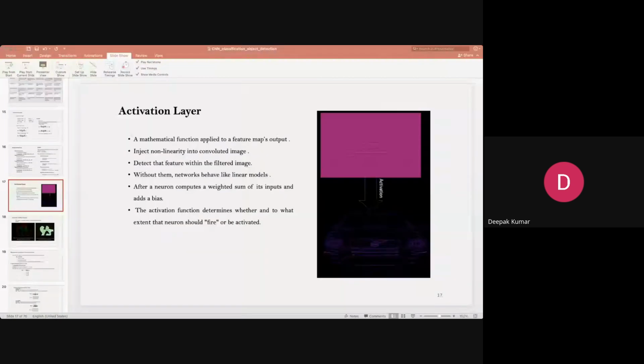Can you show it in full screen? It's full screen, I am in presentation mode. There is some delay due to the network or something. No, sir, it's not in full screen mode. What happened? It's slash 17.